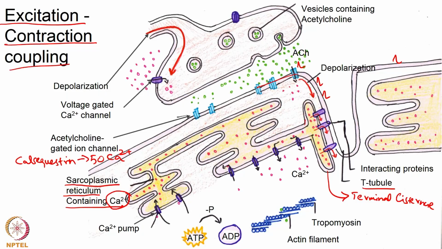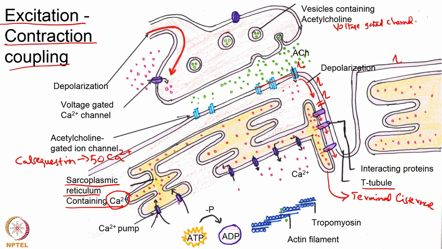The terminal cisternae itself is not depolarized. It turns out that there is a protein here, a channel, a very special channel here. This channel is a voltage gated channel.